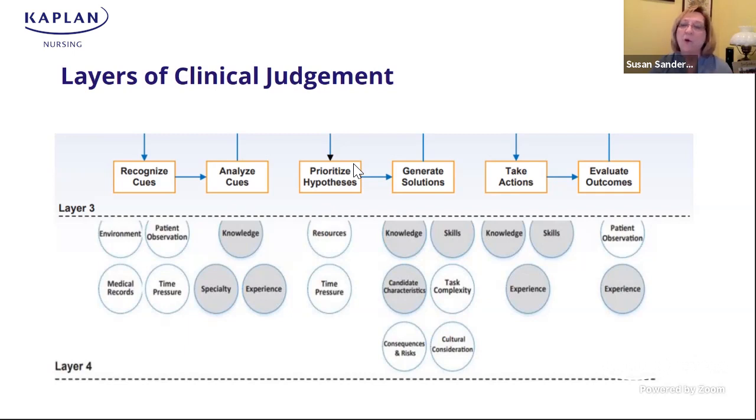Then in layer 4, what you have are the extraneous factors. All of those interruptions, all of those different things that are going on, because the students, even though they're testing, when they're delivering care, it's not in a sterile, quote unquote, sterile environment. These extraneous factors make the cases more relatable, so that as they're giving meds, they have interruptions or something happens to another client down the hall. So those are the 2 layers that I think are really an important part of the clinical judgment.